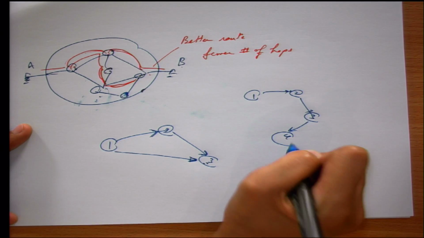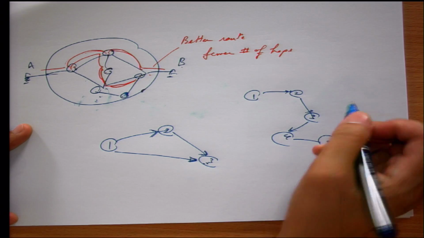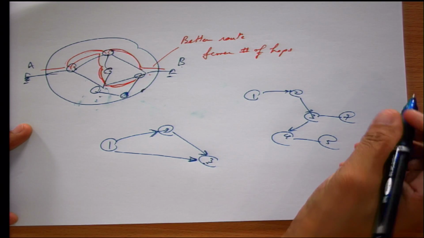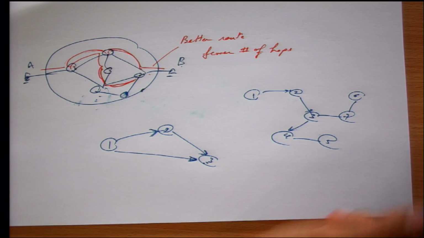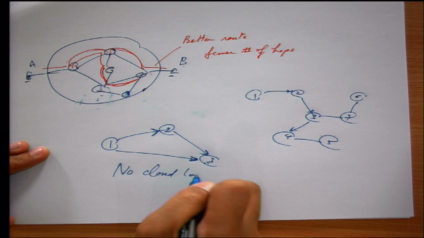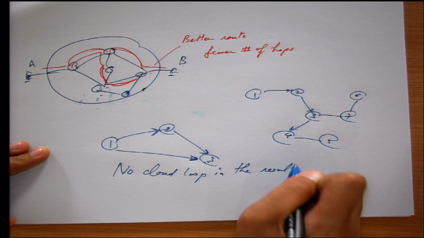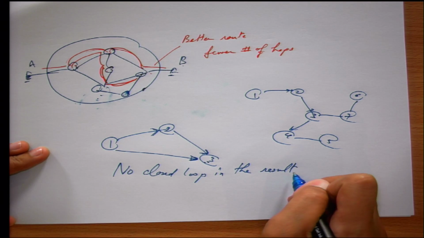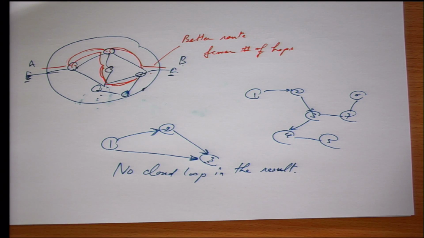It has to connect like this, with no loop. There must be no closed loop in the result of the routing, to have no confusion.